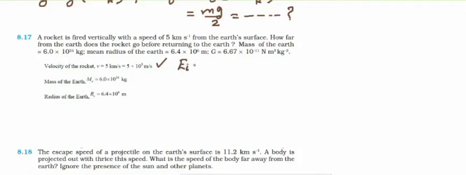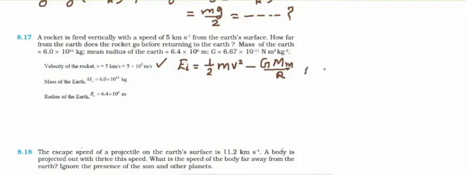The total initial energy: the rocket will have kinetic energy, half mv square, and it will have potential energy minus GMm by r.